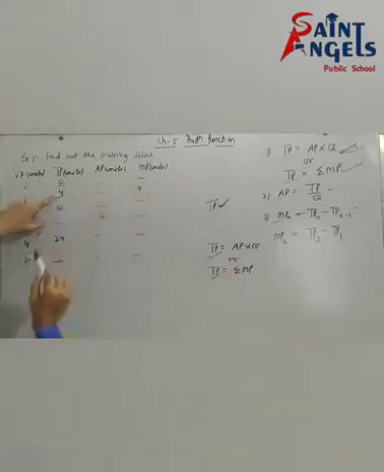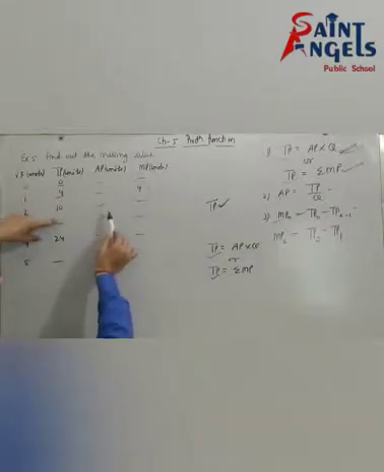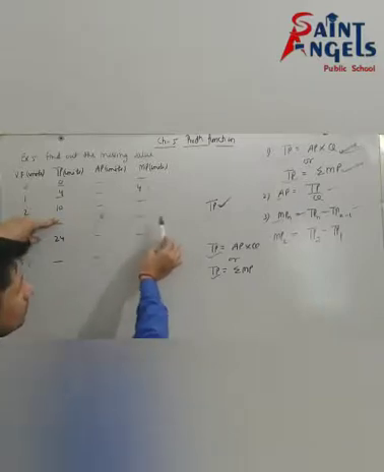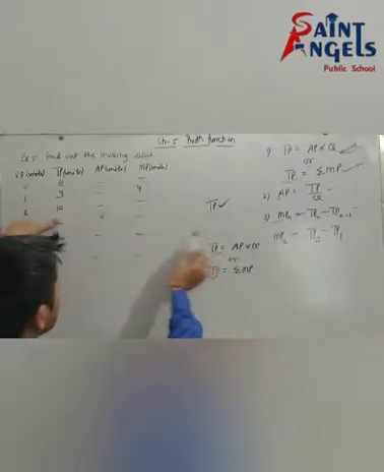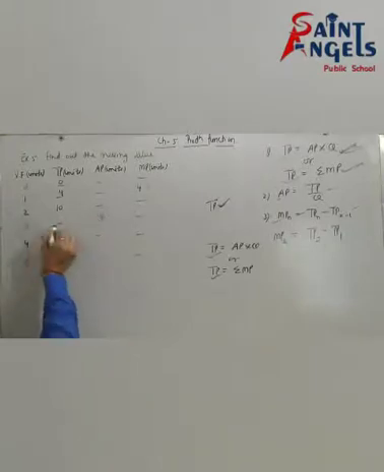So 4 plus 0 means 4. To find this, value of AP is given, but value of MP is not given, so we will use this formula, AP into Q, 80.